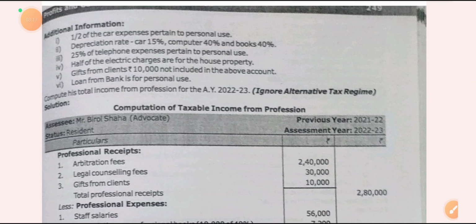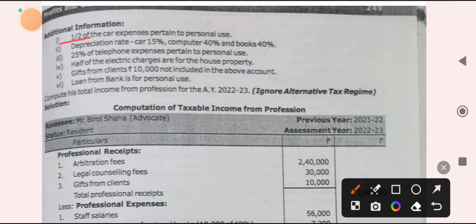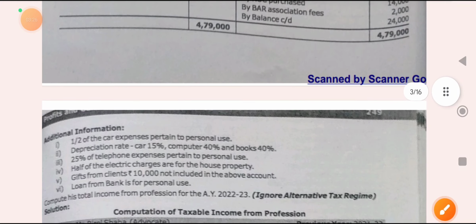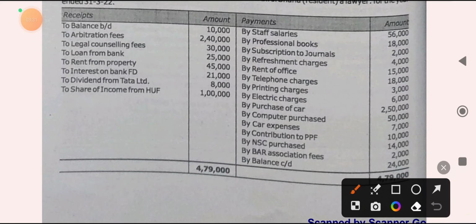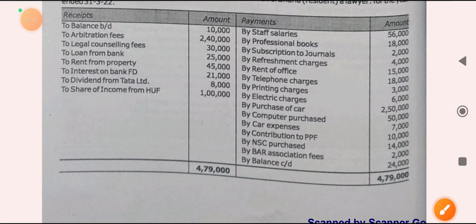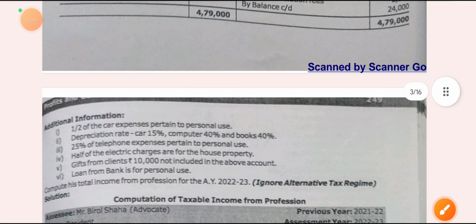Let us see additional information. One half of the car expenses pertains to personal use. Out of car expenses of 7,000, half is relating to profession and half is personal, so 7,000 into 1/2, 3,500 only we need to take.